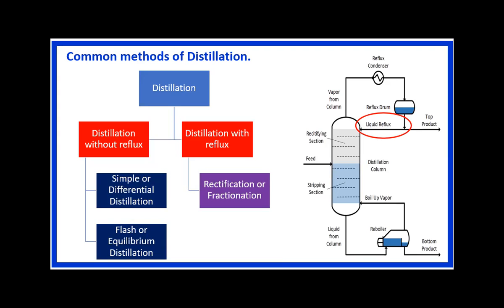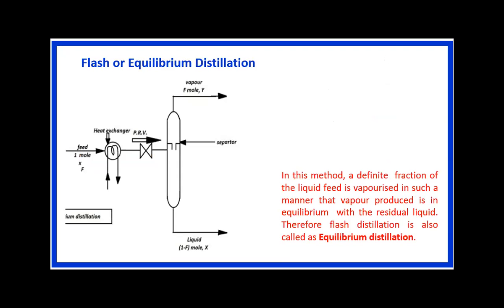In the previous case we have discussed about the simple or differential distillation under distillation without reflux. Now we are going to discuss about the second example, that is flash or equilibrium distillation. So let us discuss in detail what exactly this flash distillation is.